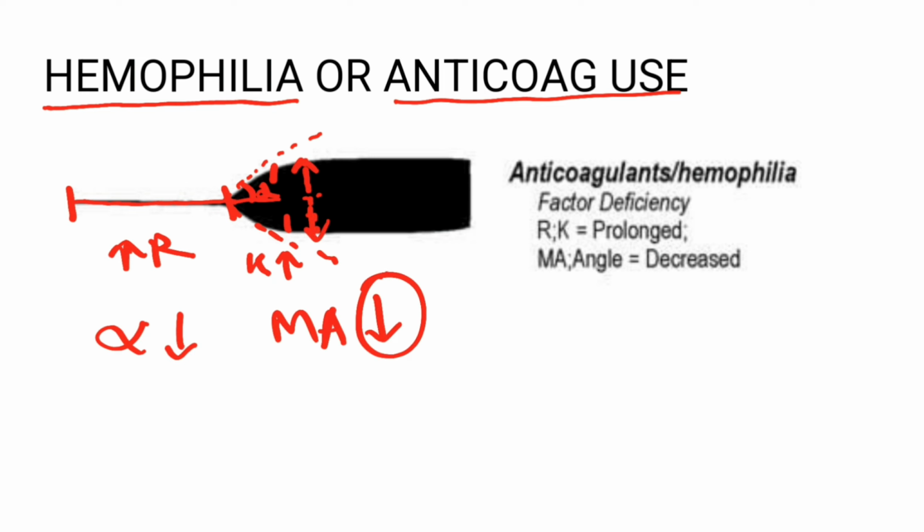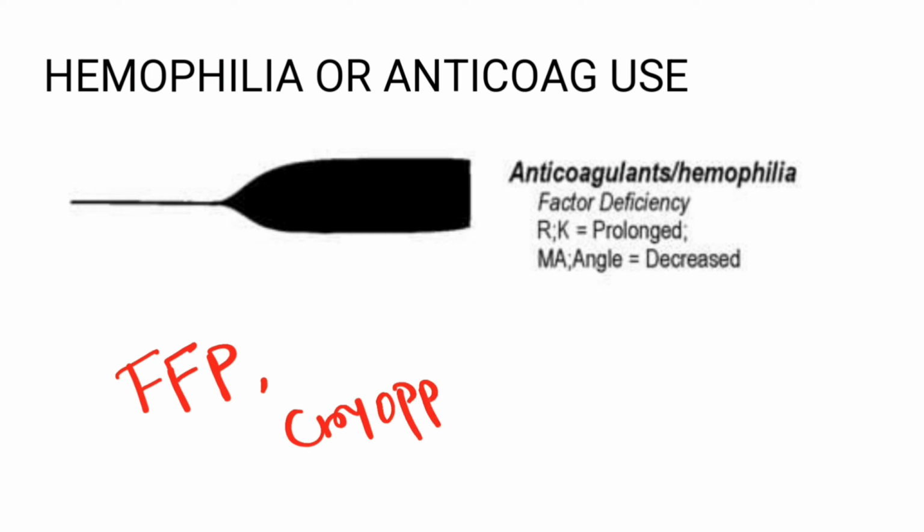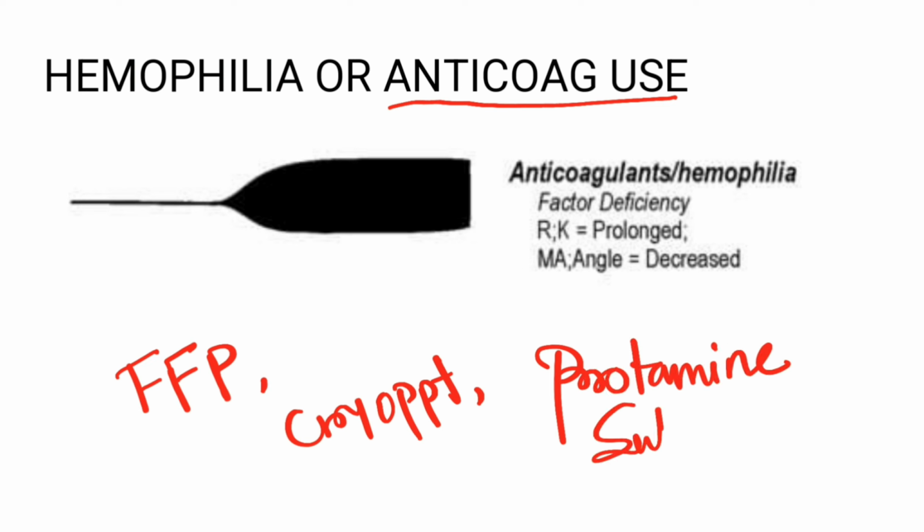So this is the basic picture that you see in hemophilia or anticoagulant use. What management can you give in this case? You can give FFP, you can give cryoprecipitate, and in some cases if any anticoagulation is used, you can give the antidote like protamine sulfate, etc.